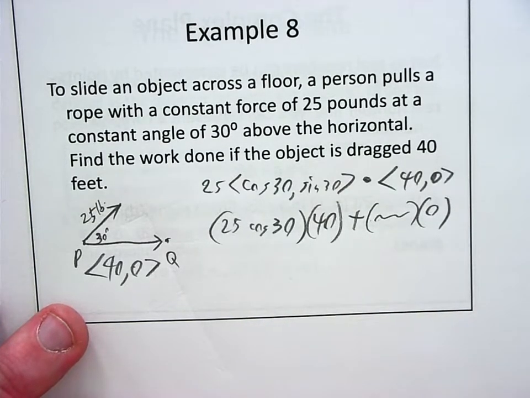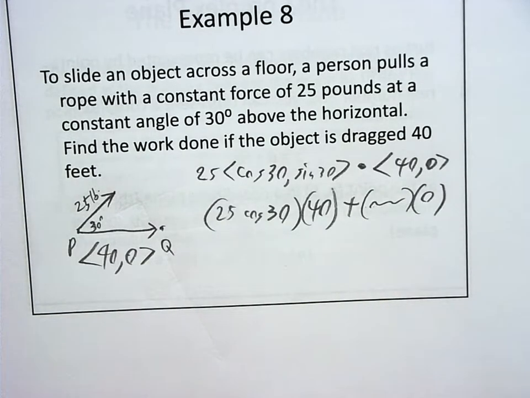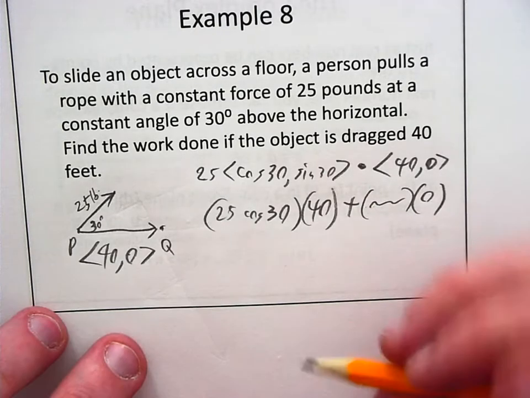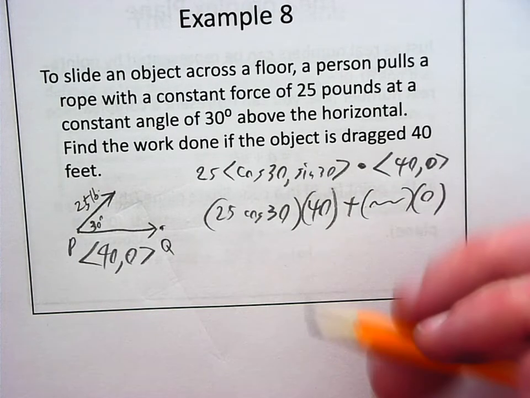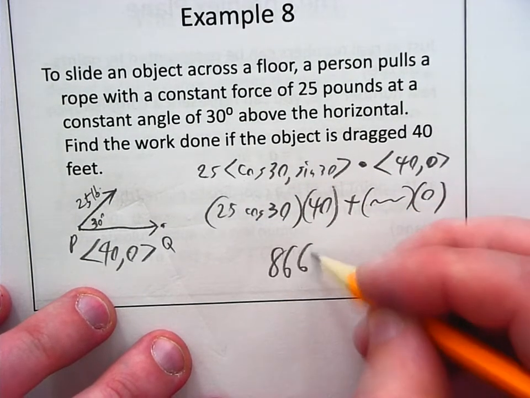Right? So what's 40 times 25 cosine 30? Well, you got a calculator, use it. Dot them together, what do you get? 866.